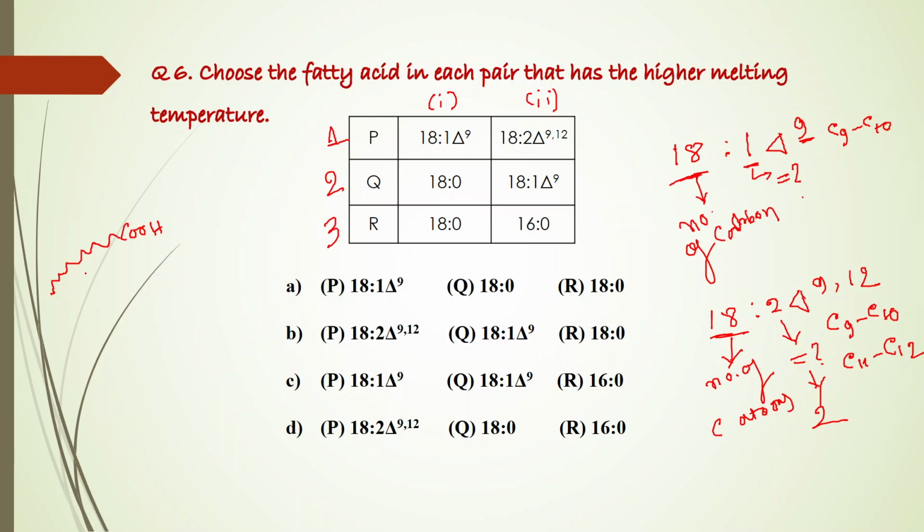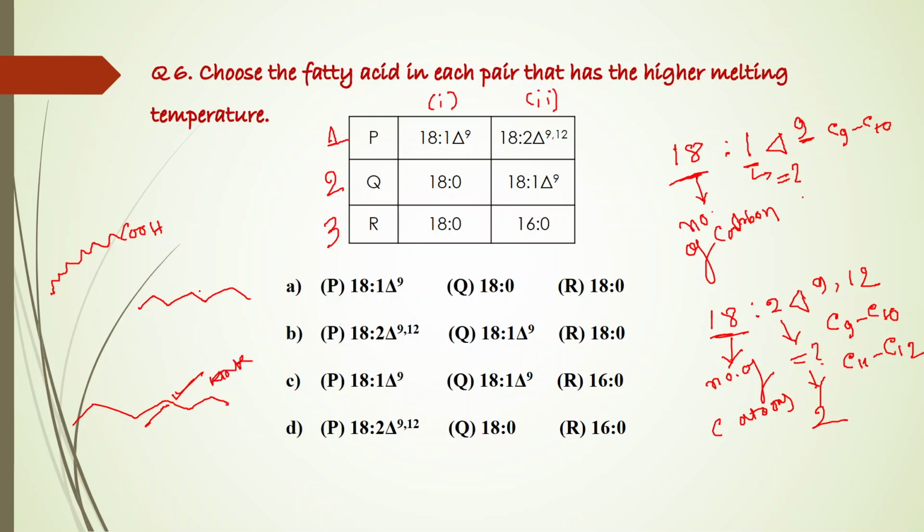The more double bonds you put here, the more kinks you put in the structure. How do you do it? Suppose your hydrophobic carbon chain looks like this. In another case, I am not writing the COOH anymore here, your carbon chain looks like this. So whenever you place a double bond here, that means you are adding a kink to your system.